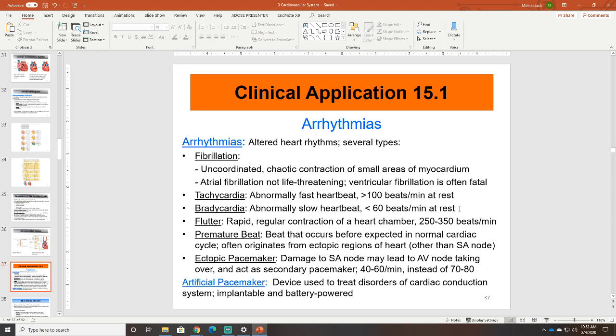Although people who are physically fit, and I don't mean they sit around and watch a lot of TV, I mean people who go to the gym and really work out, and long distance runners, especially people who do cardio exercise, it's not unusual for them to have a resting heart rate below 60 beats per minute, and you may actually hear them brag about it sometimes.